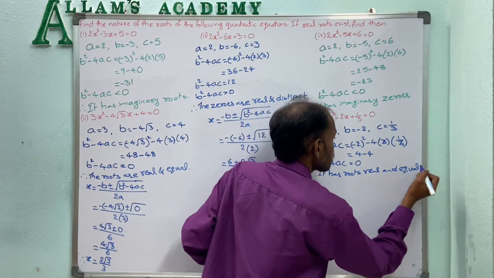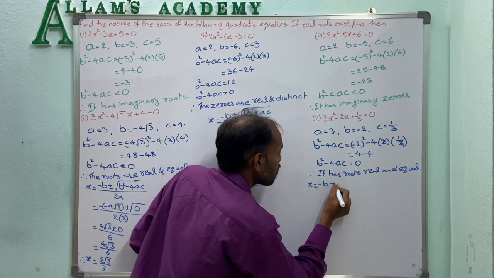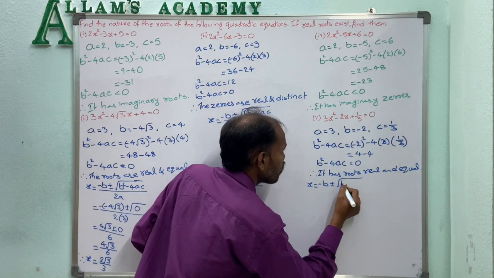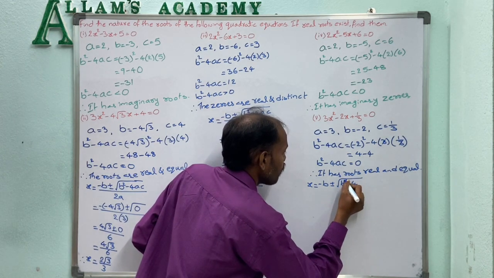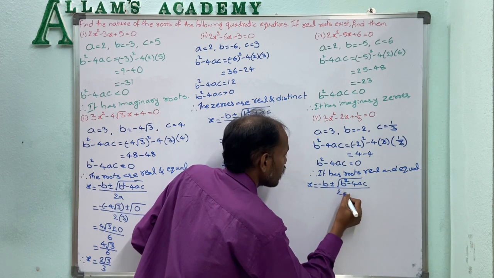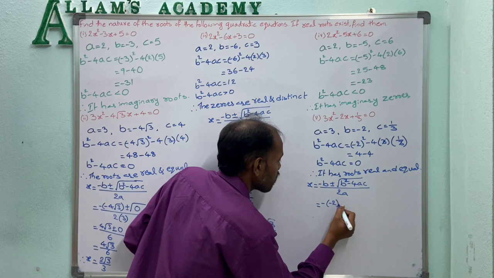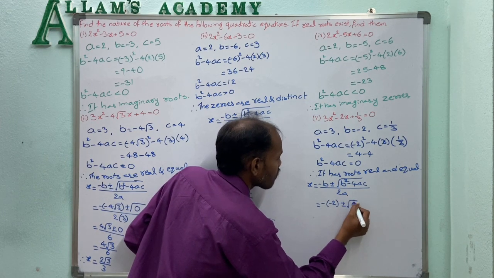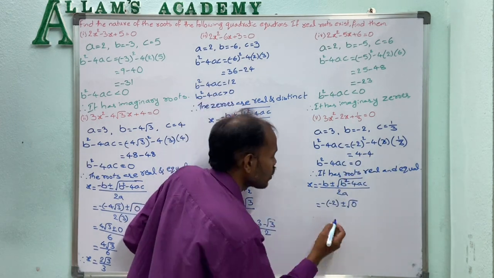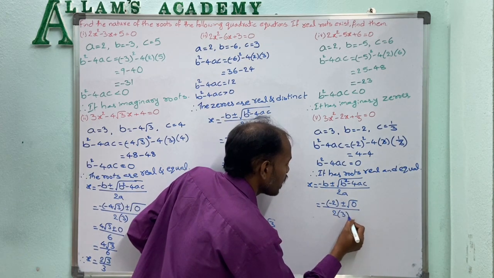Now with the formula, if we find x equal to minus b plus or minus under root b square minus 4ac by 2a, that equal to minus of minus 2 plus or minus root of b square minus 4ac, whose value is 0, by 2a, where a equal to 3.